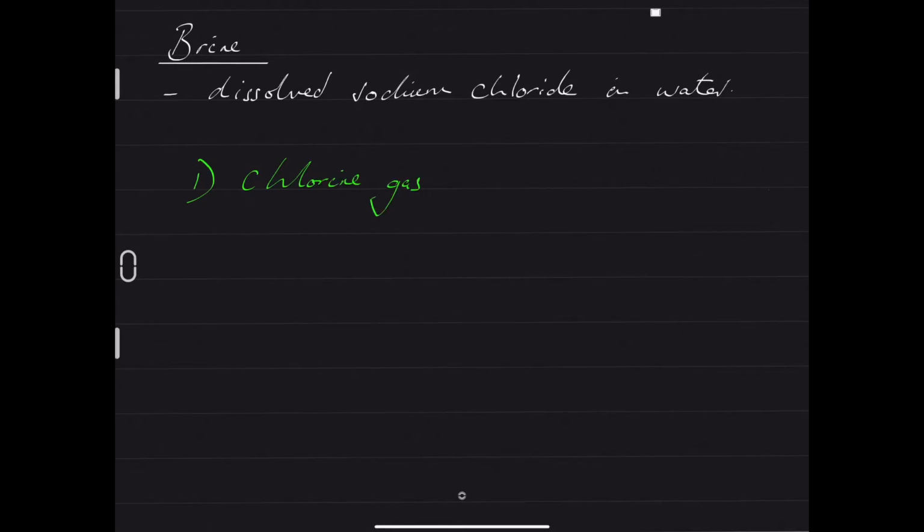Okay, and this chlorine gas is produced at the anode.